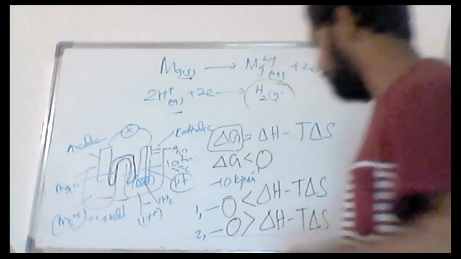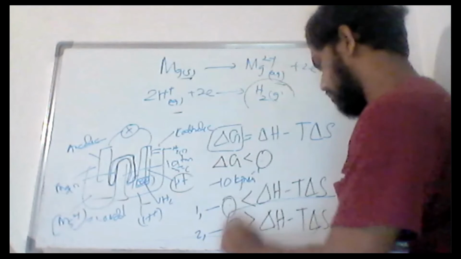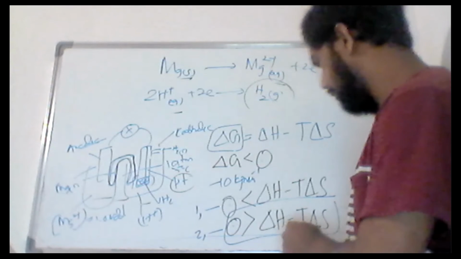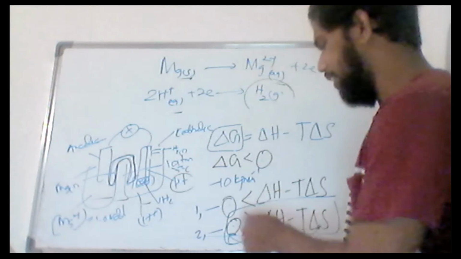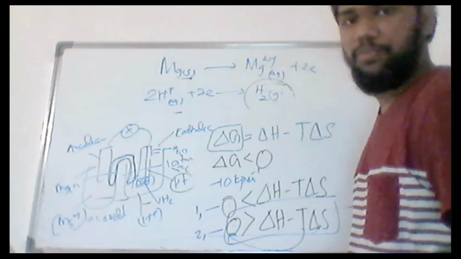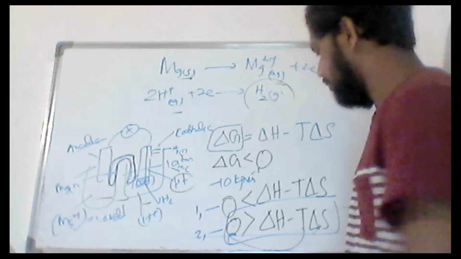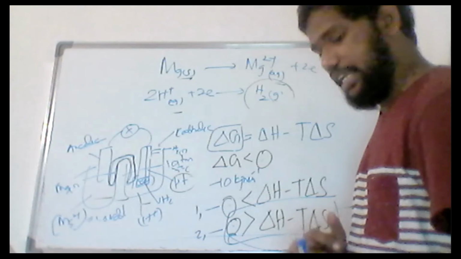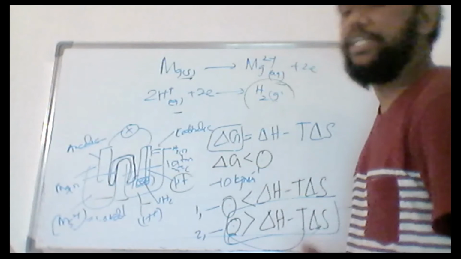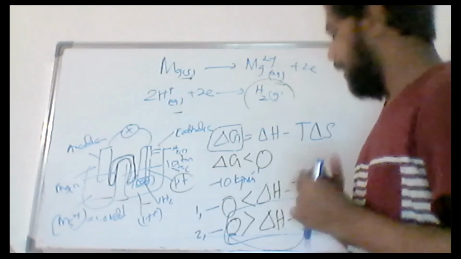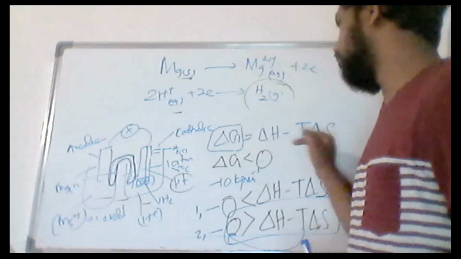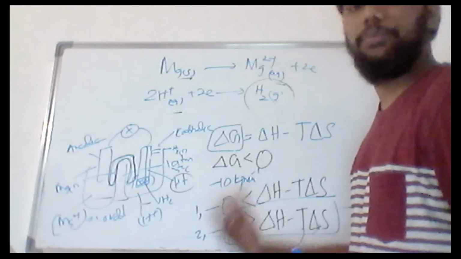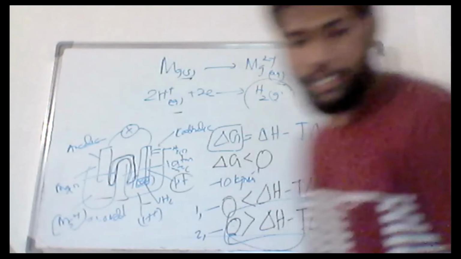For example, the answer should be this, it should be less than 0. Then you can put this here and change the inequality mark. There is no point in writing like that, but this is enough. Delta H minus T delta S should be lower than 0, because delta H minus T delta S is equal to the Gibbs free energy. So if this reaction is to happen in a spontaneous way, delta G should be negative.